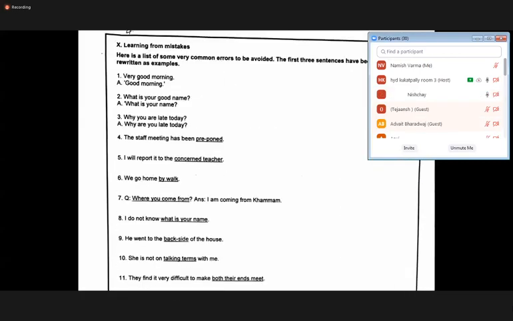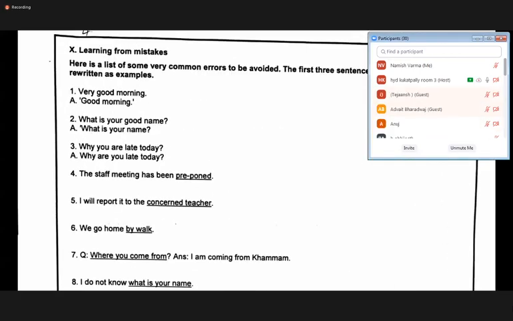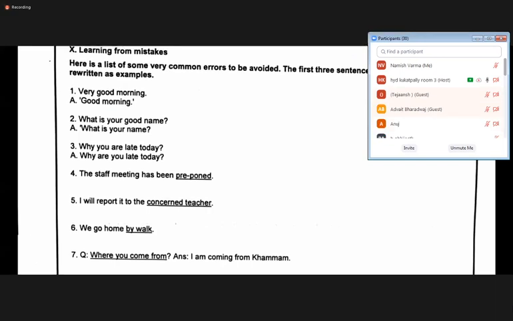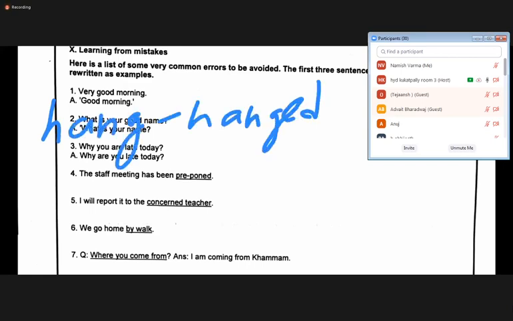Your hang conjugation, can you repeat? Sir, the verb hang. So hang has two conjugations. Hang, hanged, hanged. This hanged is used if it is a person: he was hanged.